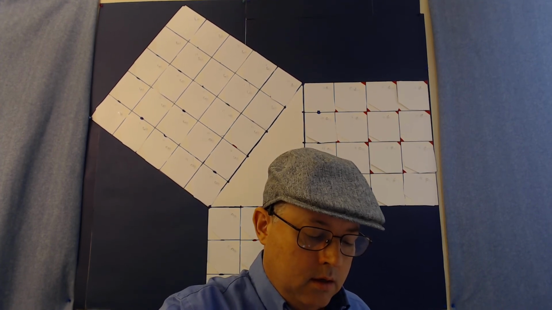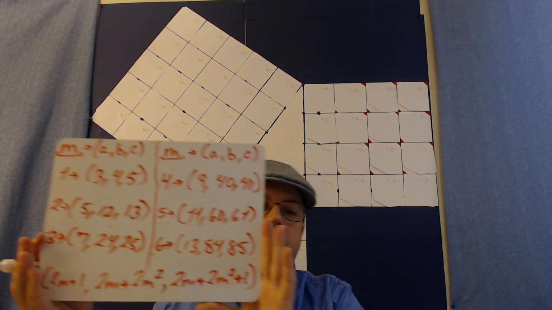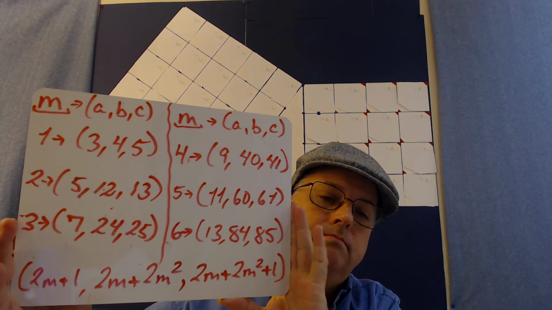And with the basis of 6, we can get that last one that we presented, the 13, 84, 85 Pythagorean triple.